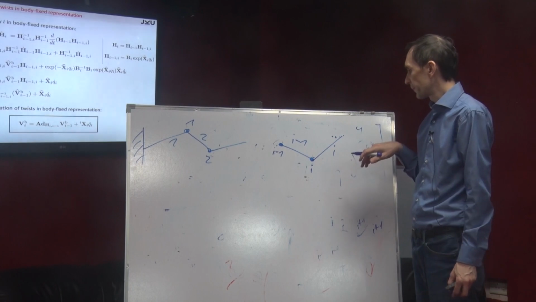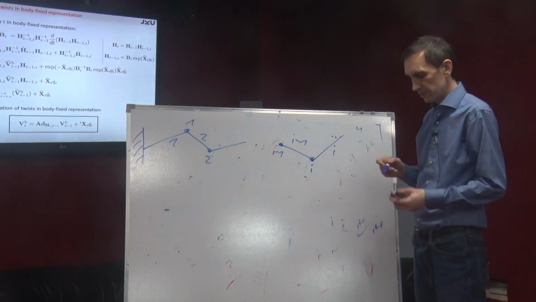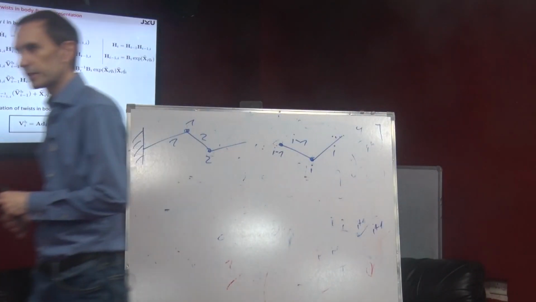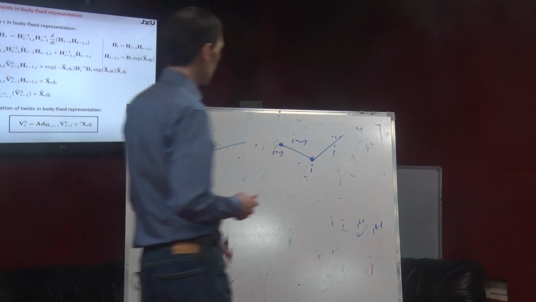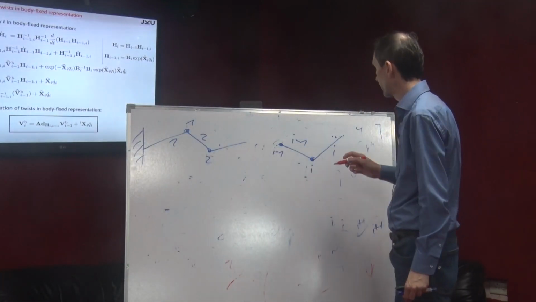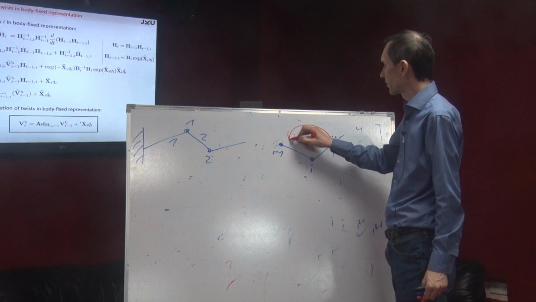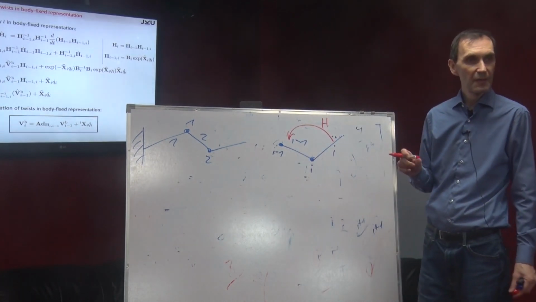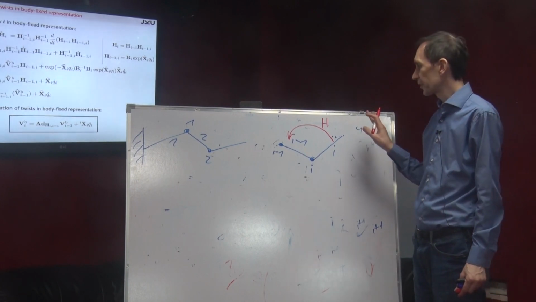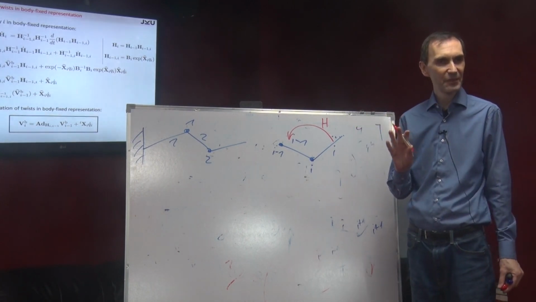So how do I go from I to I minus 1? Well, we know already, that's the transformation we talk about all the time. From here to here, you go via H, which one? You don't have to think about it if you just understood the notation.